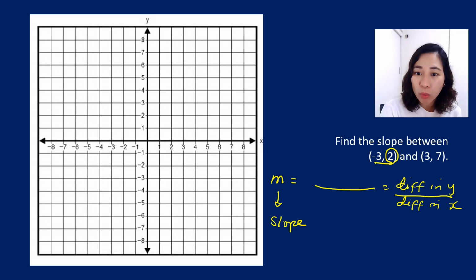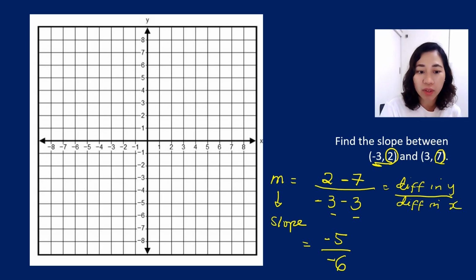So if I start with 2 here, so that's 2 minus 7, okay? How about for the x, I should also start here, so that's negative 3 minus 3. So what is that? 2 minus 7 is negative 5 over negative 3 minus 3, that is negative 6. Or, in simplest form, this is 5 over 6. Understand? So this is by using the formula.